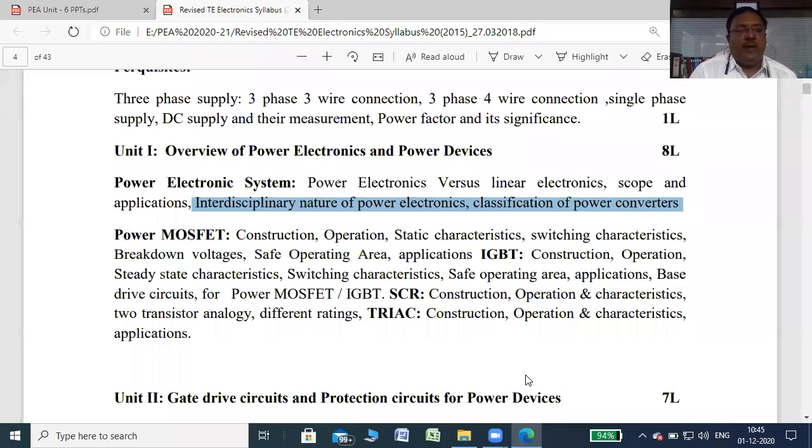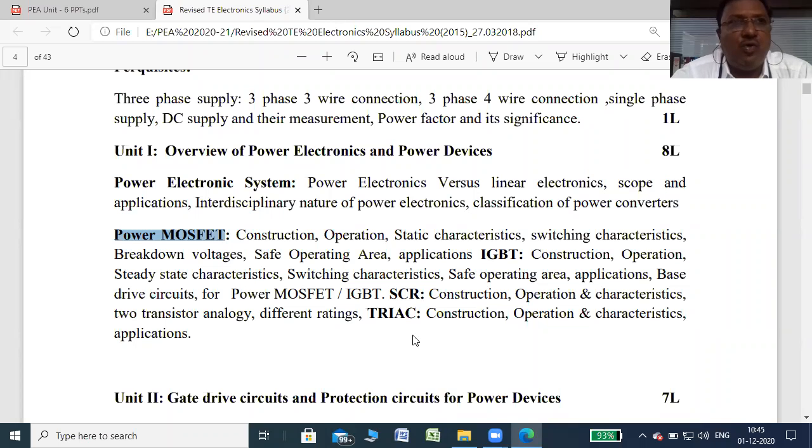Then a total of 4 devices are given in your syllabus: power MOSFET, IGBT, SCR, and triac. We have seen all 4 devices.